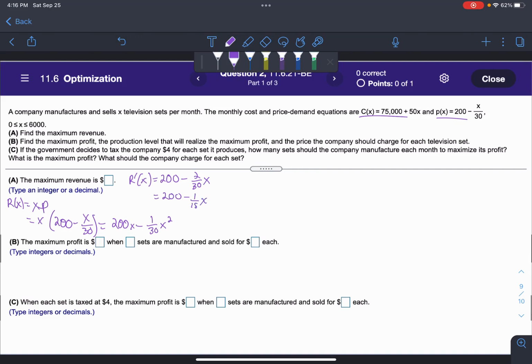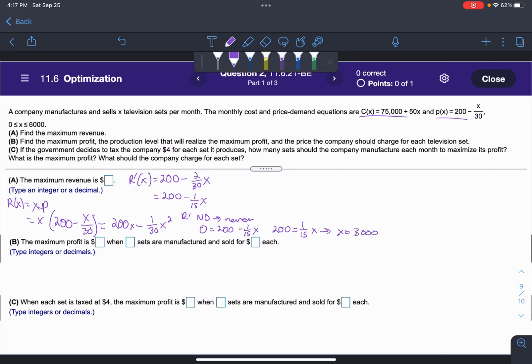Where is R prime not defined? Never, right? That's a line, but it is 0 when 200 minus 1/15 x is equal to 0. So this is the same as saying 200 is equal to 1/15 x, and this gives me x equals, let's see, 3,000, I believe.